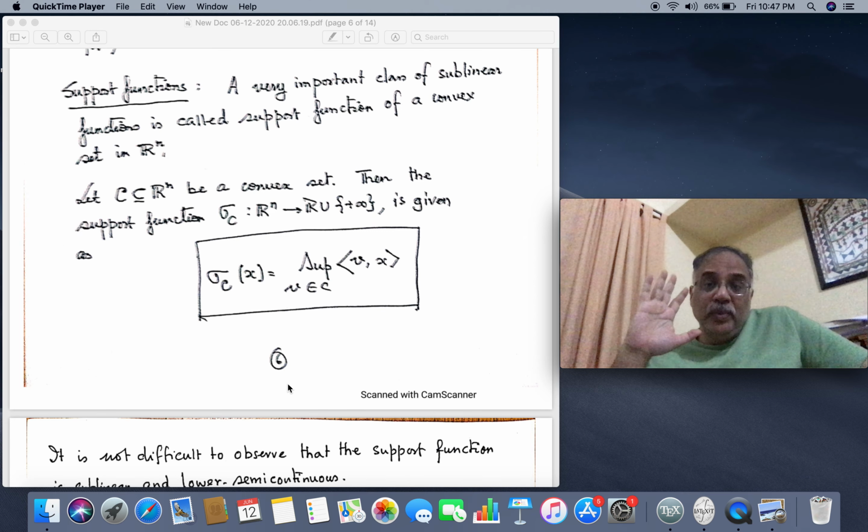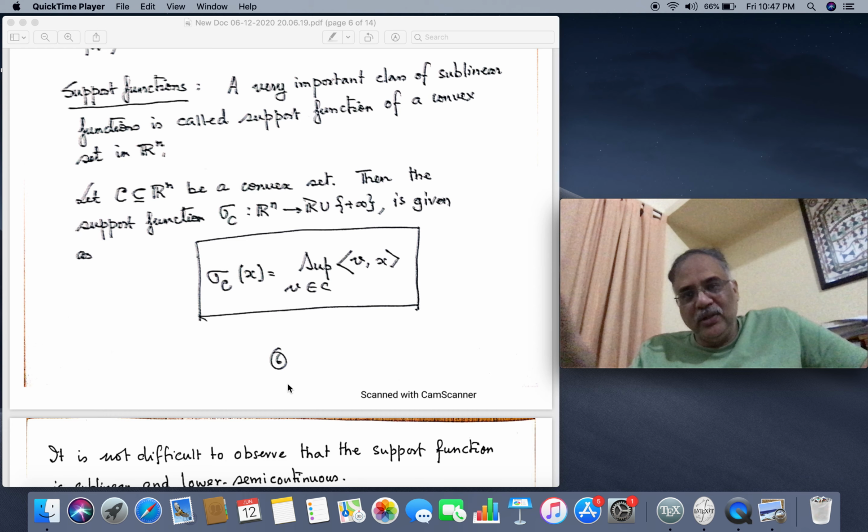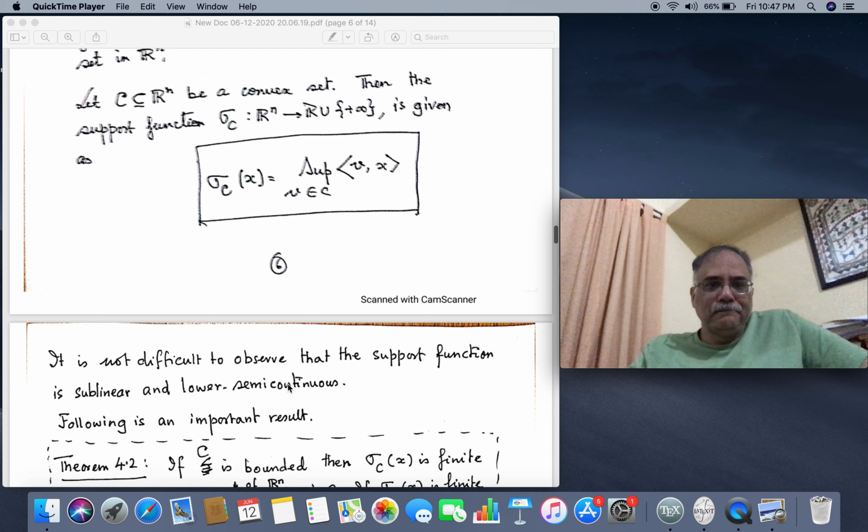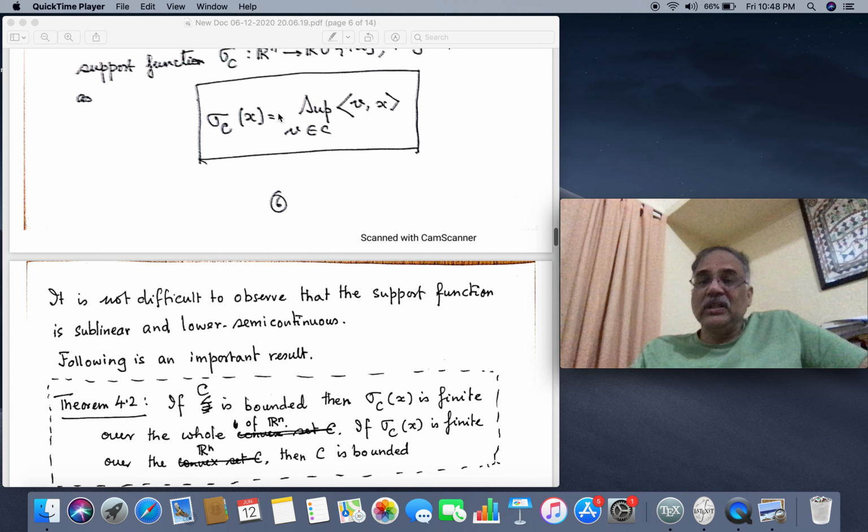So it could be identically plus infinity, but in many cases, it is not. Obviously, if C is compact like the subdifferential, you have the directional derivative just the way it is for a finite valued convex function. The support function would be finite and nice. But it is lower semi-continuous. It's sublinear and lower semi-continuous.